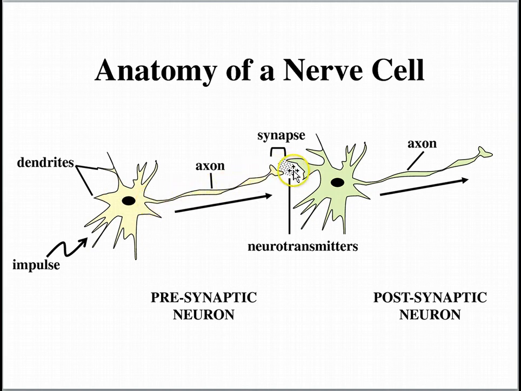Chemicals are released here, and the chemicals have the effect of generating a small electrical signal in the dendrite of the target cell. And again, if this target cell gets enough electrical activity at all of its synapses, it will respond with its own electrical signal. Now this is a very fast process, taking just fractions of a second for one cell to communicate with another cell.